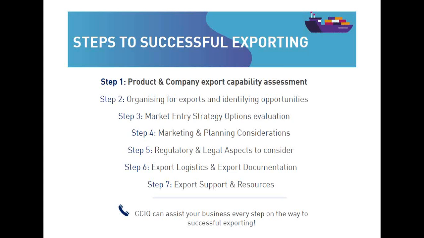In step 6, export logistics and export documentation, we will discuss the documentation requirements for export from Australia, including certificates of origin requirements under the various free trade agreements (FTAs) Australia has with other countries.